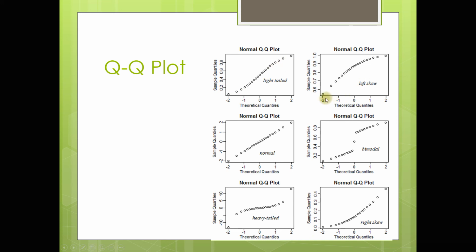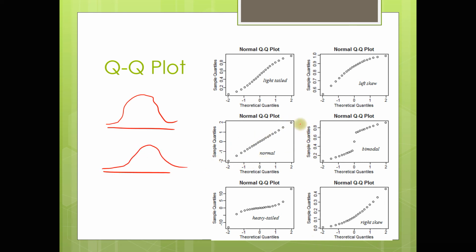If a data looks like that and you're comparing it with a normal, just remember that when we are referring to theoretical quantile, we are referring to a normal distribution. And if the data lies like this, it means that it is a distribution that is left skewed. In fact, the data is not normal, but it is a distribution that is skewed to the left, something like this.